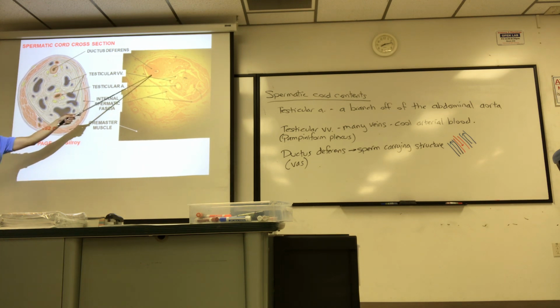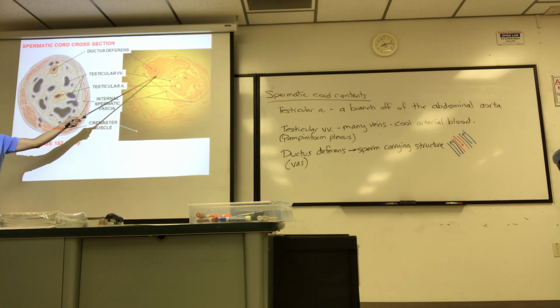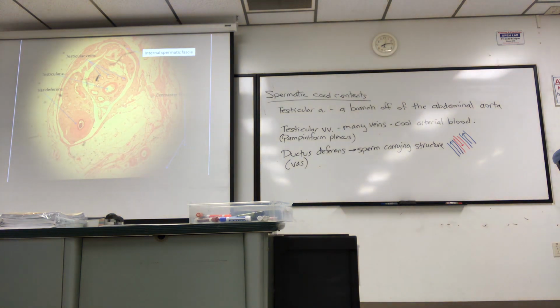I don't know if you can see that little purple splotch of cells. So what will those cells be? The sperm? Yeah. That whole thing is the ductus deferens. There's a lot of smooth muscle that surrounds the epithelial layer in the ductus deferens. So here's a picture by itself. You can even see the cremaster muscle fibers.